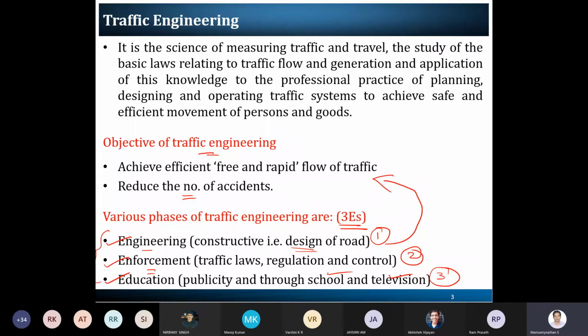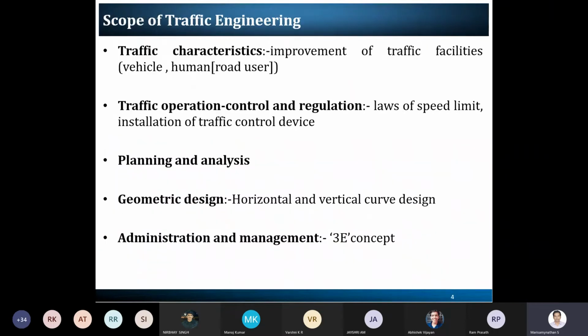So this is the complete definition and detailed introduction about traffic engineering. With that introduction, these are the scope of traffic engineering. As I already mentioned, different characteristics like traffic, road users and vehicle characteristics play the major role, where we can study the various facilities.